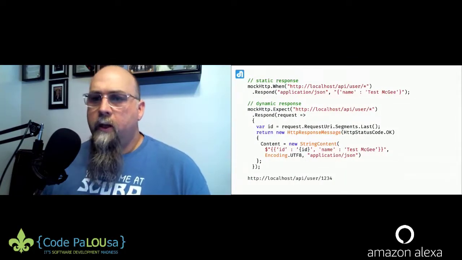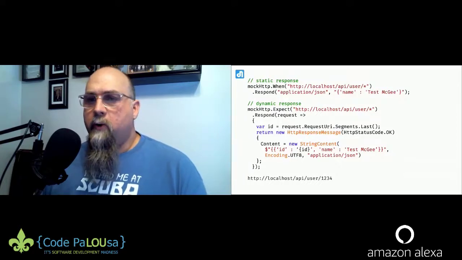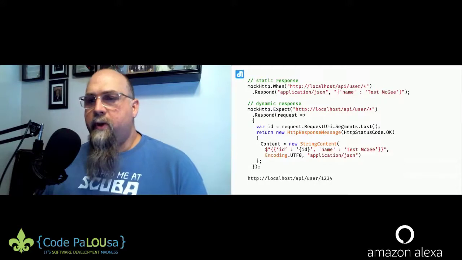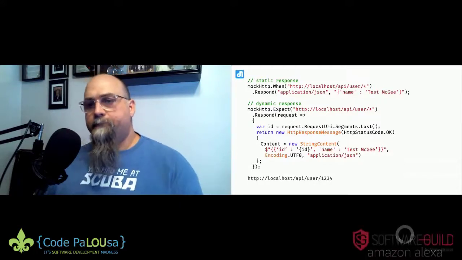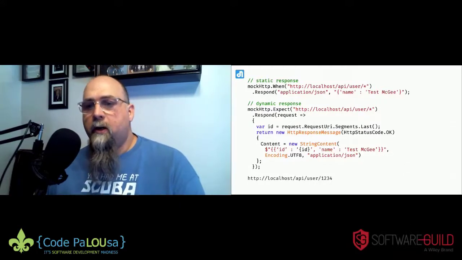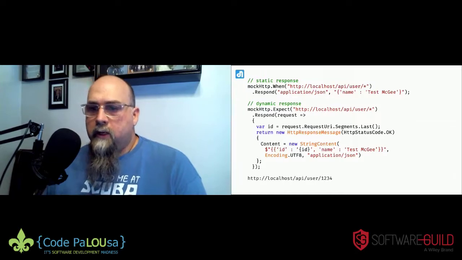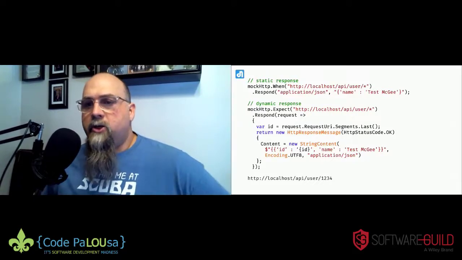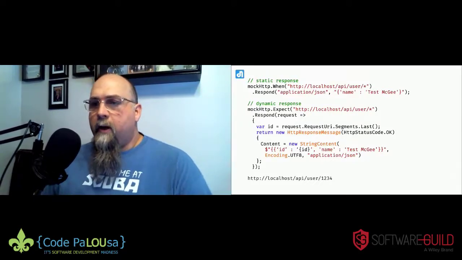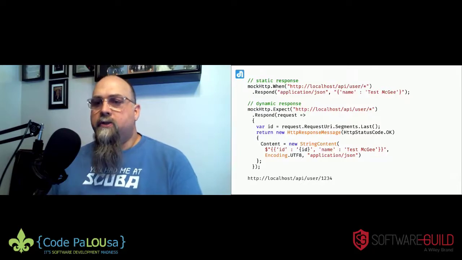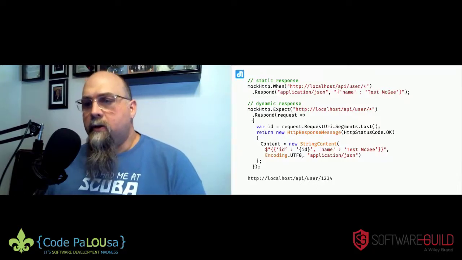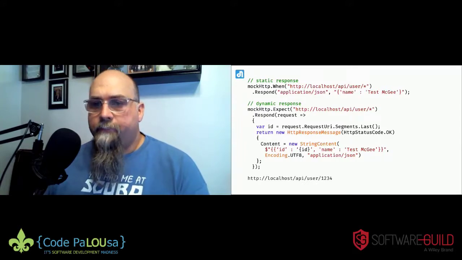It's saying that, hey, when I get a request for http localhost api user, and then anything after that, I want to respond. It's got some helper methods here to create your response message. I want my media type to be application JSON, and then I want my content to be this string. And so that's a static response. Whenever this comes in, that's exactly what's going to go back to it.